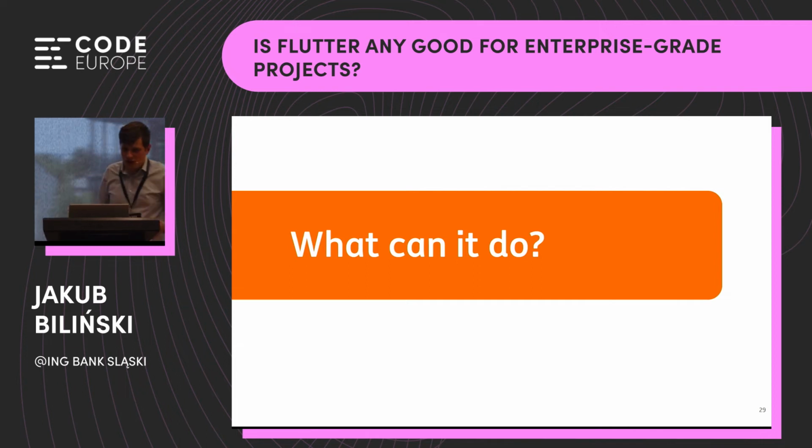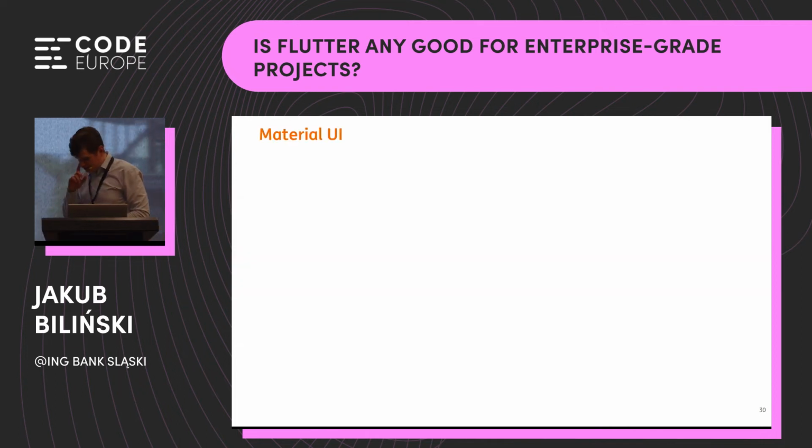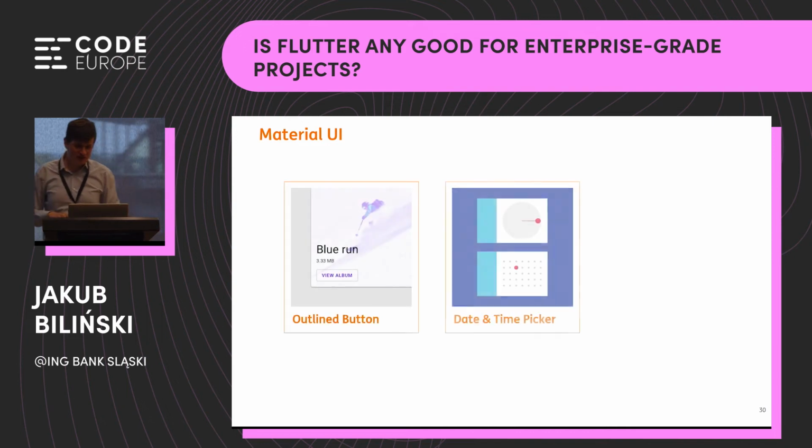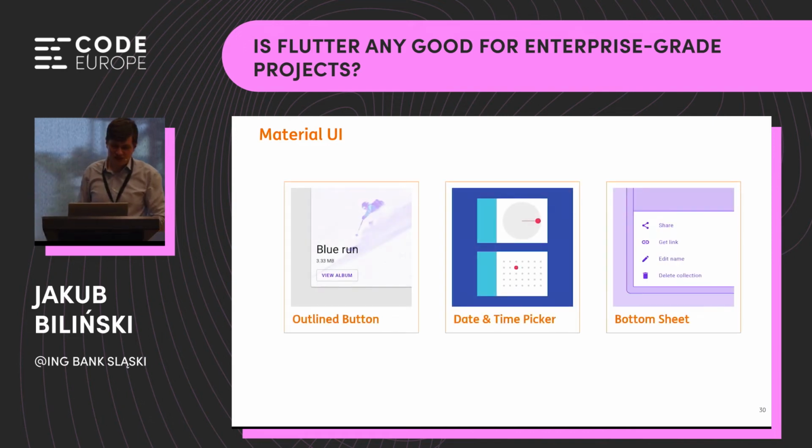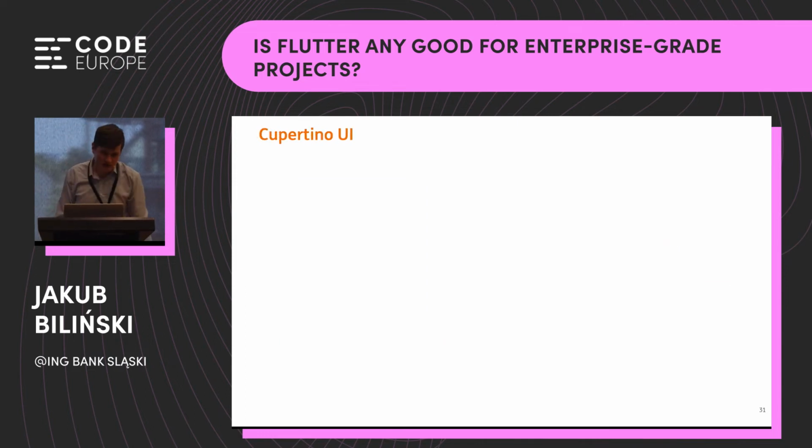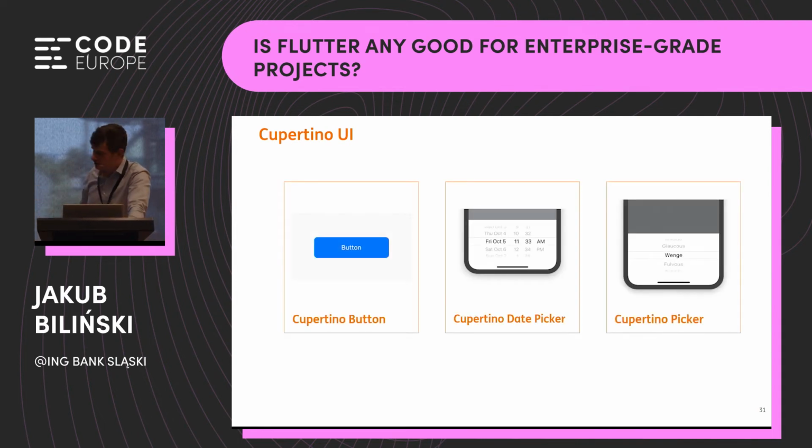Okay, but what can we do with that? I was talking about the UI, so you can, out of the box, render pretty much anything from Google Material Design. Those are just 3 elements, but you can just like that add those elements with a line of code. You can also add iOS-style items, just like that, Cupertino button and other elements.